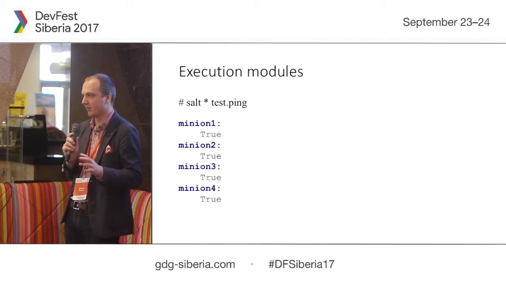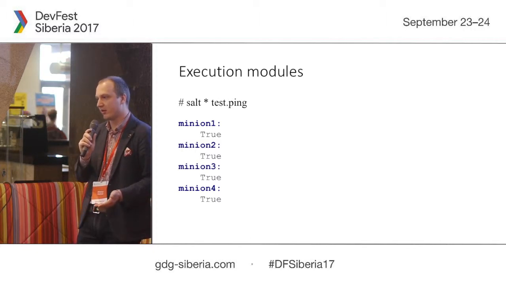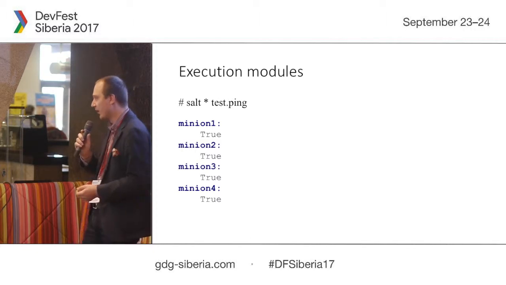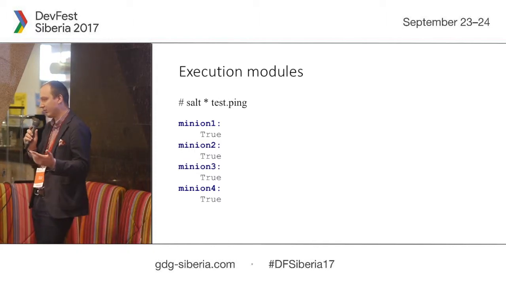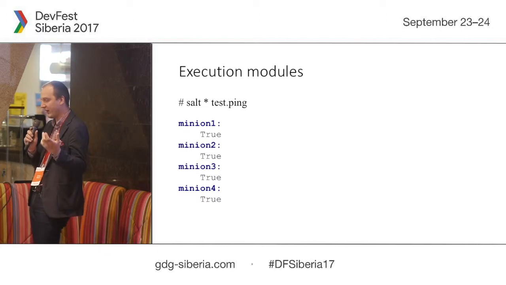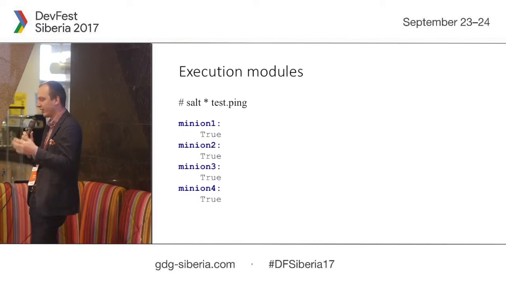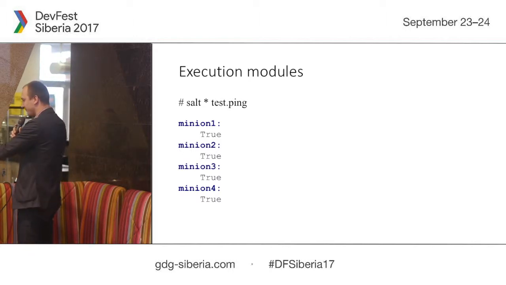For example, you can filter some minions if you don't want to execute your commands on every minion. And test.ping is just the name of this module. The result is always YAML, whose keys are minion names, minion IDs, and the results are nested YAML. In this case, it's just true.